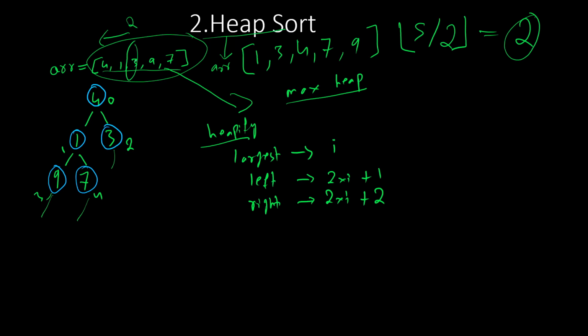Now starting from the value 3, this is the second index. Apply this formula: largest is index 2, value is 3. For the left child, 2 into 2 is 4, 4 plus 1 is 5, so 5 is the left child, and for the right child we get 6. Both 5 and 6 are out of bound because the length of the array is 5, so it only has indexes up to 4.